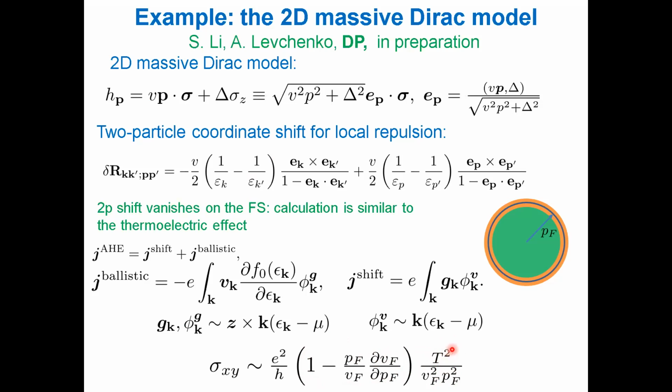You can say that this T squared dependence is as generic as it comes. Any correction to anything in a Fermi liquid will be T squared.